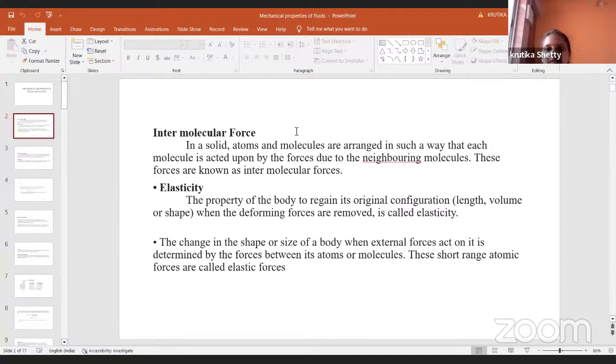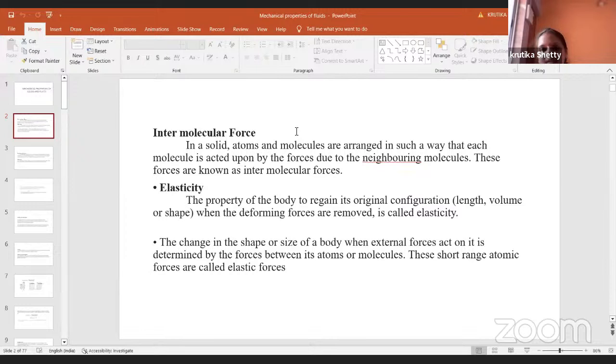Look here, first there is intermolecular force. So what is intermolecular force here? You have already studied intermolecular force in chemistry also. We know that matter exists in 3 types: solid, liquid and gases.